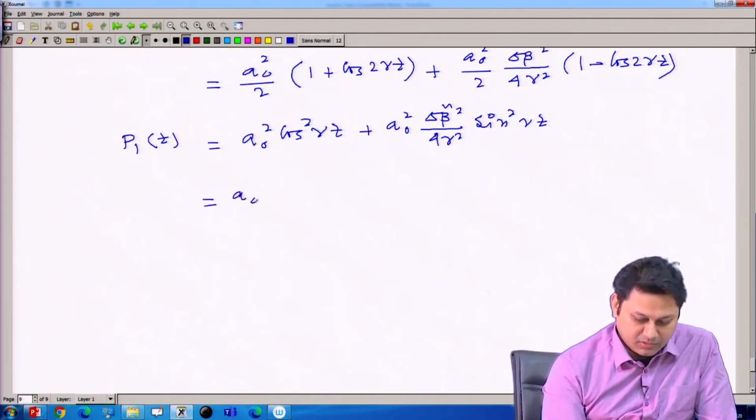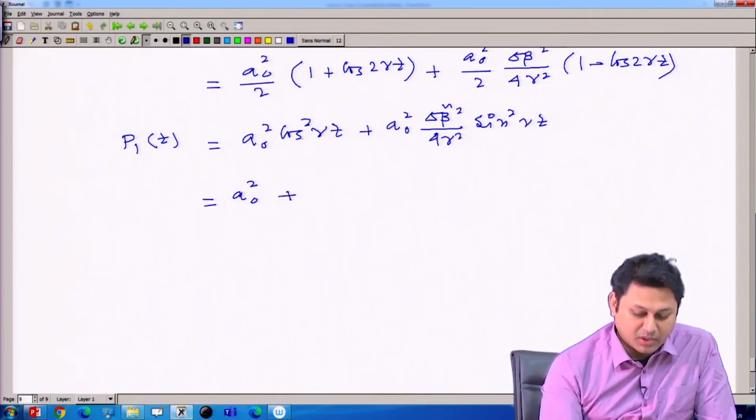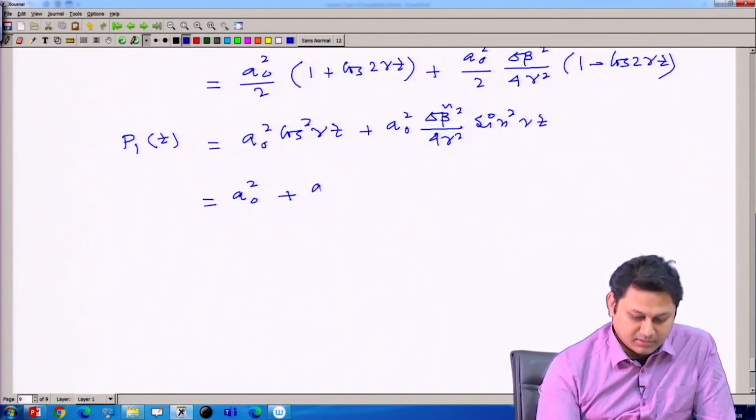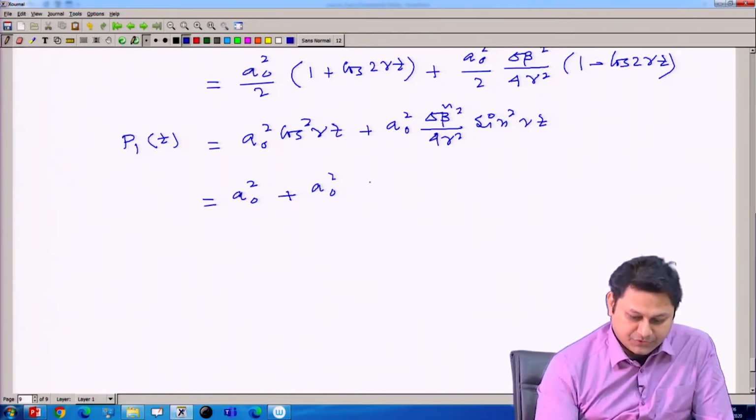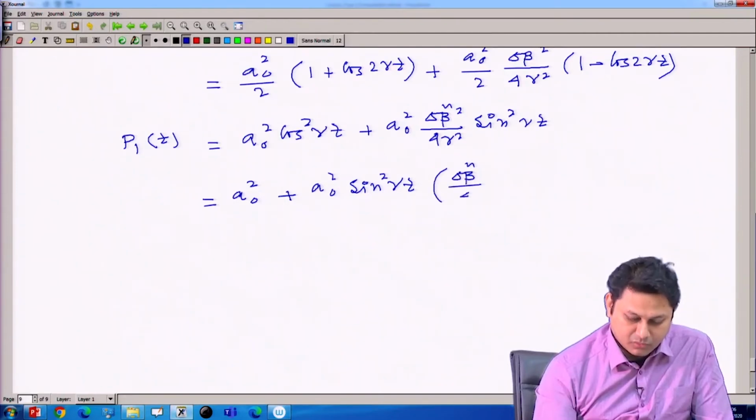So, it should be A0 square plus, cos square is 1 minus sine square, so I will write cos square as 1 minus sine square. Then I have A0 square delta beta, A0 square, and then I have a sine square from this side and sine square from the first term. So, it should be sine square gamma z into delta beta tilde divided by 4 gamma square minus 1, that is one term.